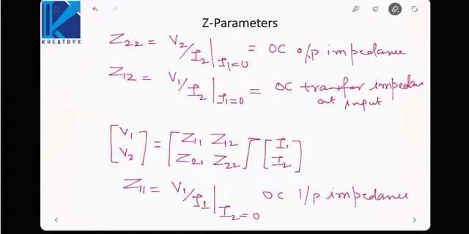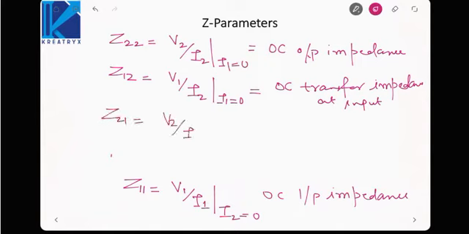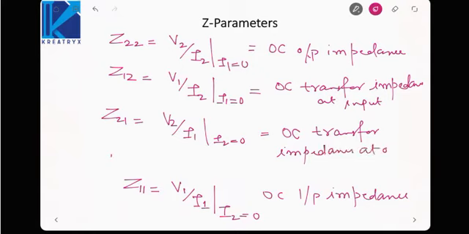What about Z21? Z21 will be similarly V2 by I1 provided I2 equal to 0. That is your open circuit transfer impedance at output port.